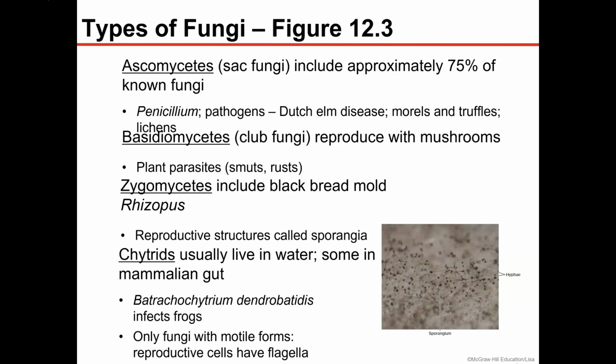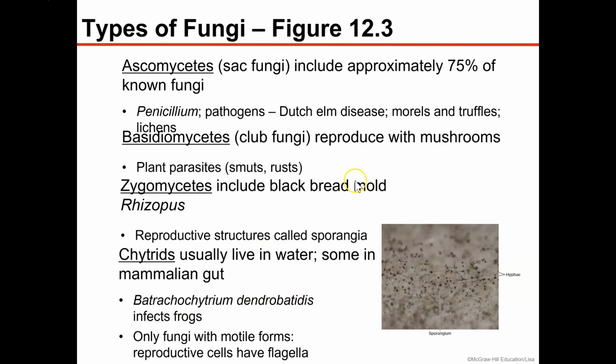They can be unicellular or multicellular, and they form structures known as septate hyphae. Examples of your Ascomycetes would be Penicillium, as well as the pathogen that causes Dutch elm disease. Other examples would be baker's yeast, Saccharomyces cerevisiae, and Aspergillus.